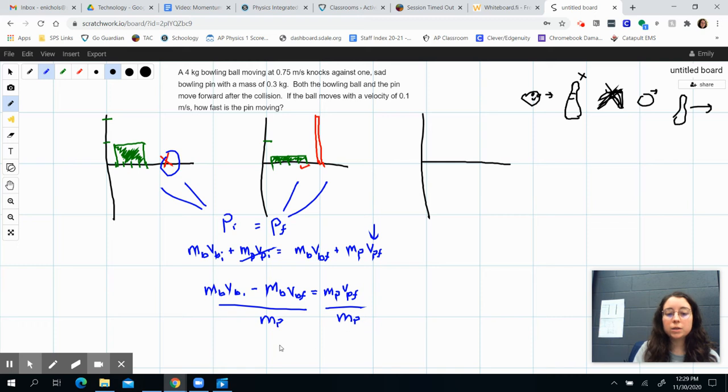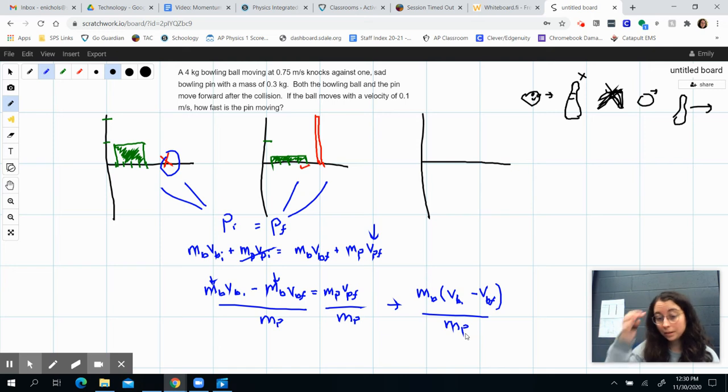If I was going to rewrite this, I'm going to make this fancy. Since both of these phrases are multiplied by the mass of the bowling ball, I'm going to factor that out. So it's the mass of the ball times the initial velocity of the ball minus the ball's final velocity, and then divide that by the mass of the pin. Let's plug in some values.